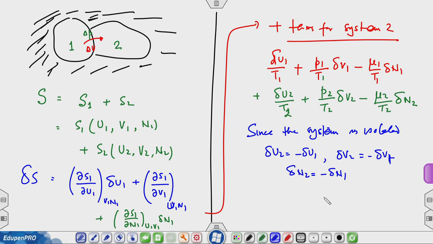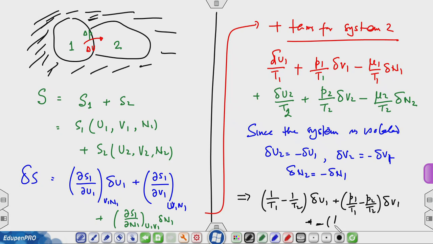What we have essentially done is divided one entire system into two smaller systems. And this gives you (1/T1 minus 1/T2) delta U1 plus (P1/T1 minus P2/T2) delta V1 minus (mu1/T1 minus mu2/T2) delta N1, and this at equilibrium is 0.